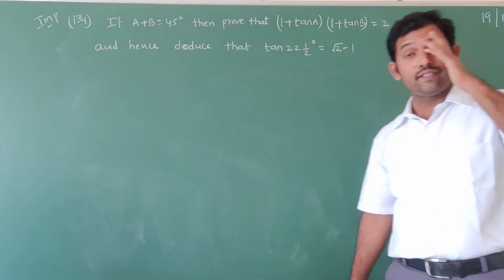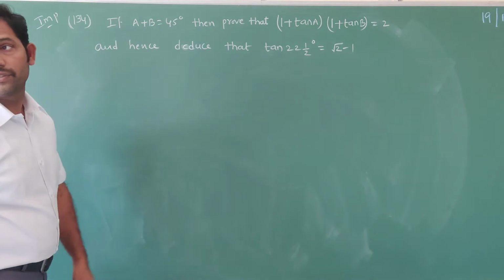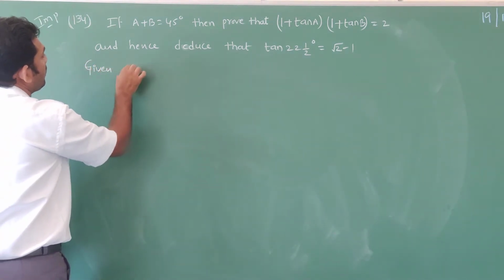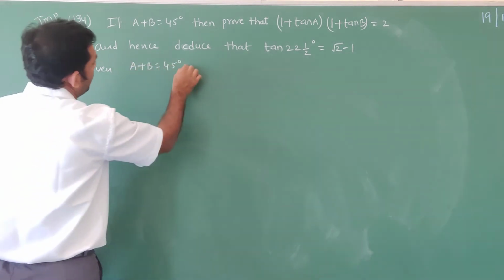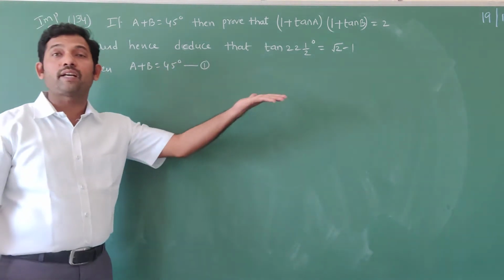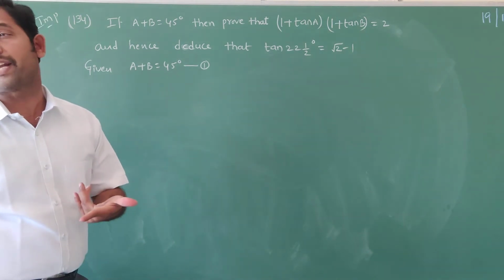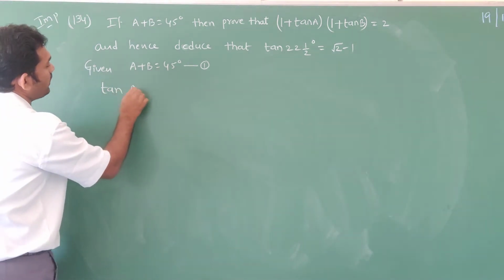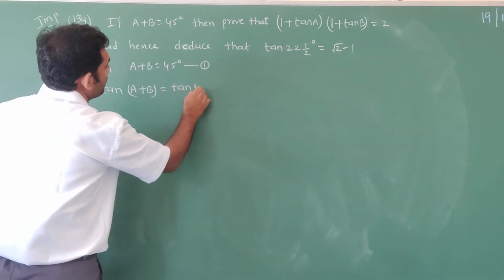Here the given condition is only A plus B is equal to 45 degrees. Take that as condition number 1. The solution in terms of tan: taking tan on both sides, tan(A plus B) is equal to tan 45 degrees.